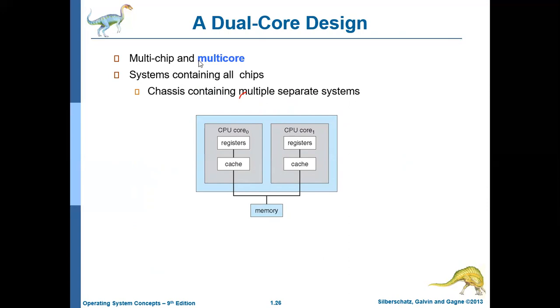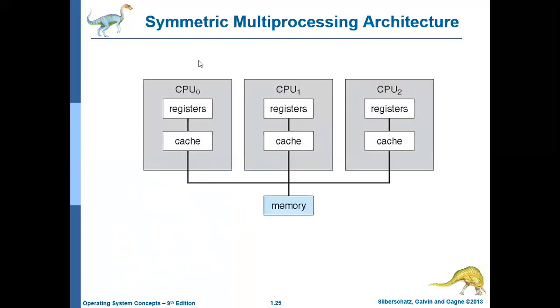Multi-chip, in the sense, for every processor there will be a separate chip, whereas in multi-core, a single chip can have multiple cores. Okay, all multi-core architectures are also multi-processing architectures, but not all multi-processing architectures are multi-core architectures. For example, this architecture is not a multi-core architecture, but it is a multi-processing architecture, right?